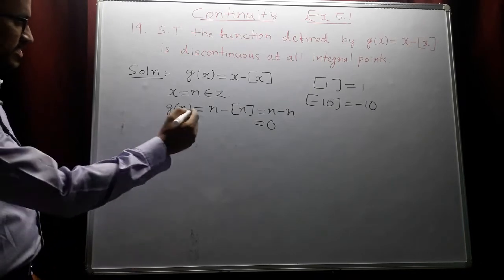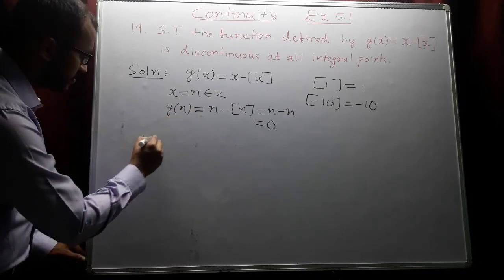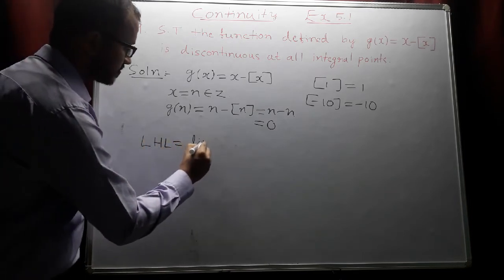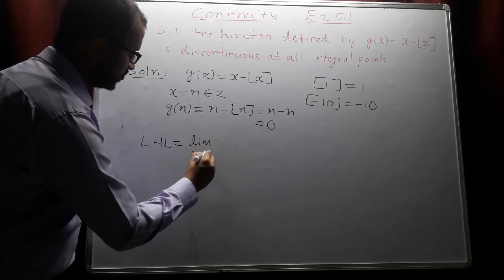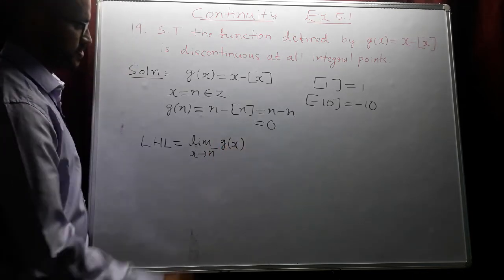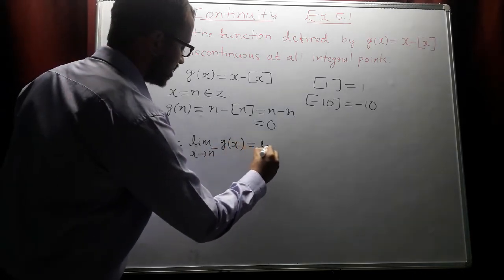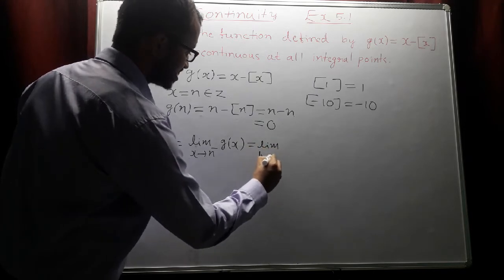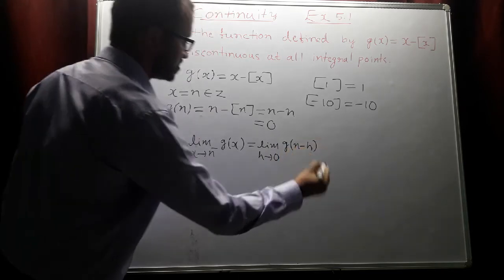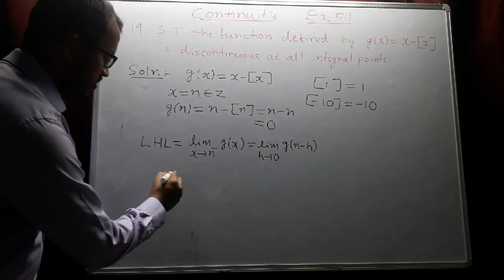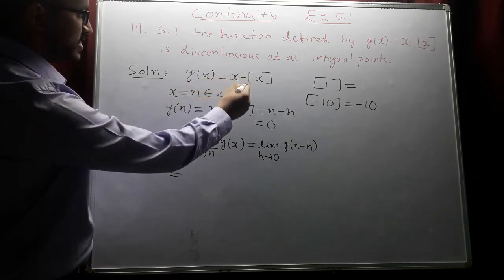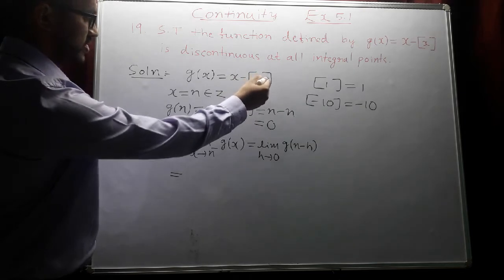Now let us consider the left hand limit. Left hand limit is equal to limit x tends to n minus of g of x, that is equal to limit h tends to 0 of g of n minus h. We know that g of x is equal to x minus greatest integer less than or equals to x.